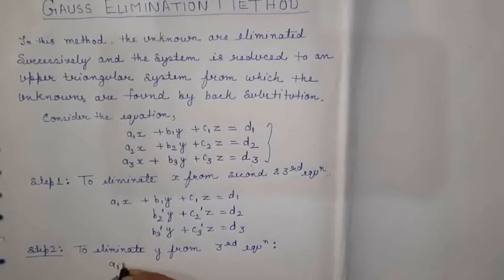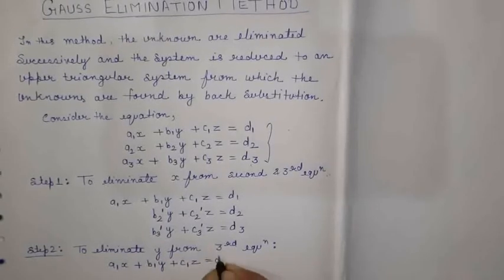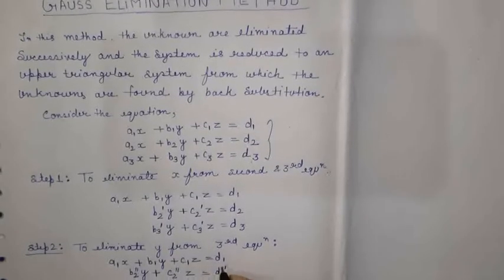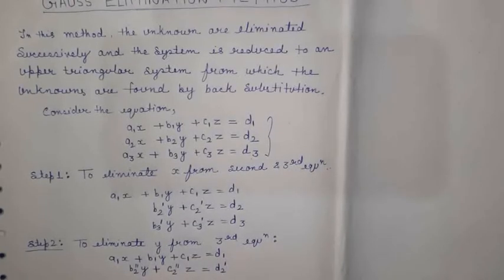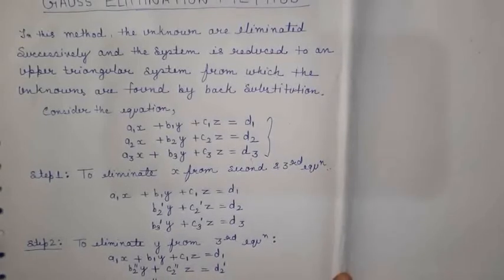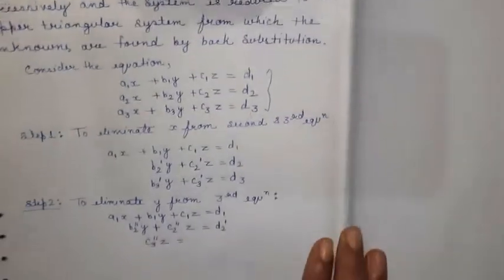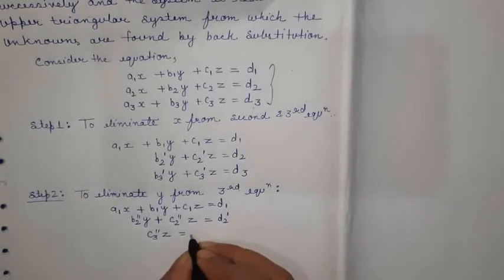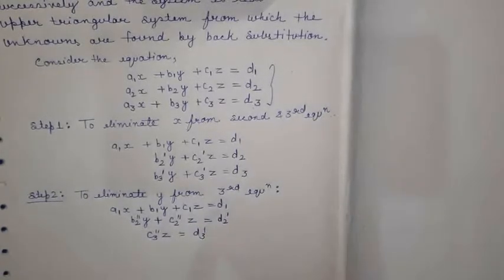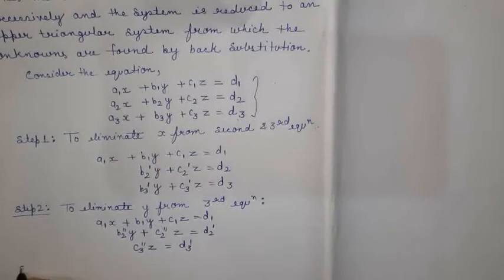Then it will become a1x plus b1y plus c1z equal to d1, then b2 double dash y plus c2 double dash z equal to d2 dash, and one more equation, c3 double dash z equal to d3 dash. Now our third step is to evaluate the unknowns.